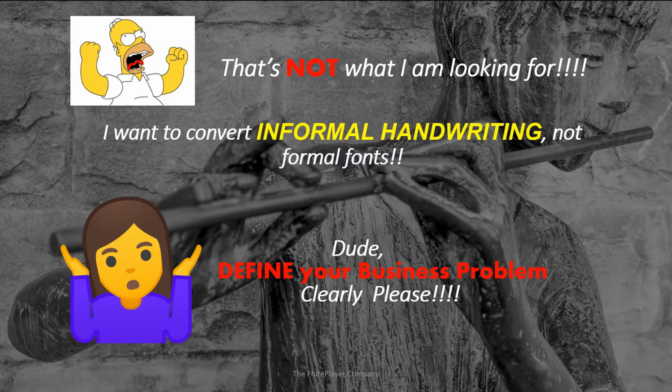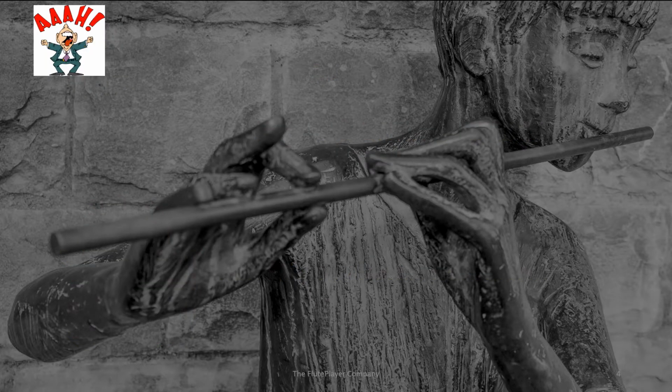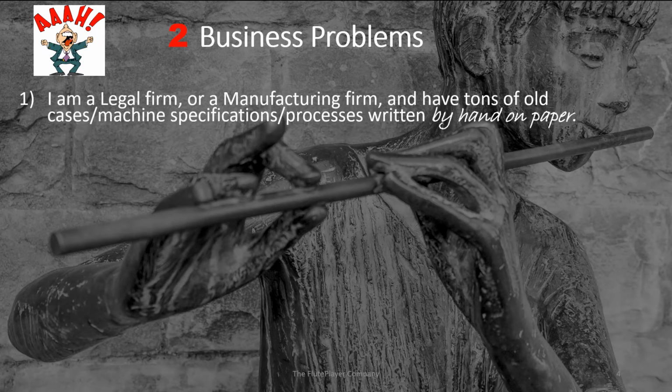Okay, so let's look at the business problems in the context of translating handwriting into digital text. There are two business problems. The first one, you are a legal firm or a manufacturing firm or whatever your business is, but you have been there for a while. This has resulted in you having stacks of paper with very precious information documented on them, but written by hand.